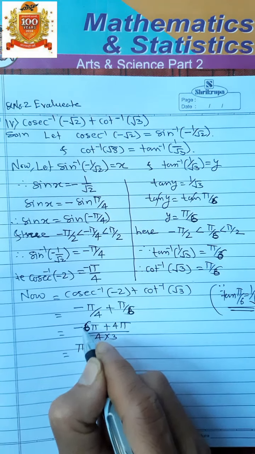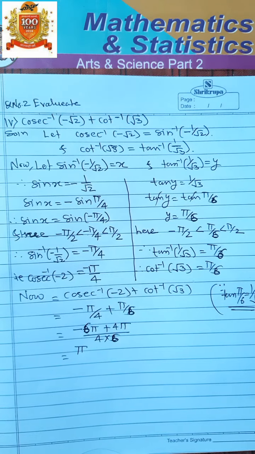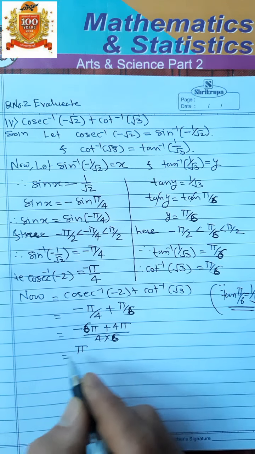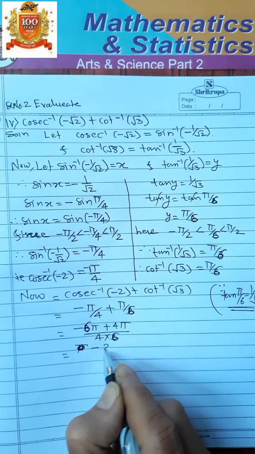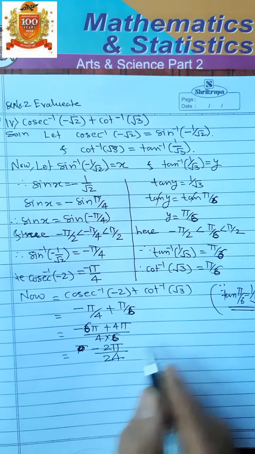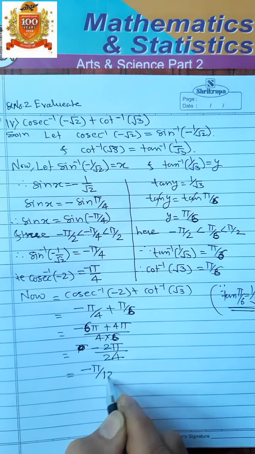Here 4 into 6 will come. Minus 6 pi plus 4 pi upon 4 into 6. That is equal to minus 2 pi upon 24. That is equal to minus pi upon 12.